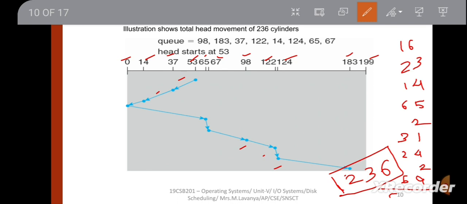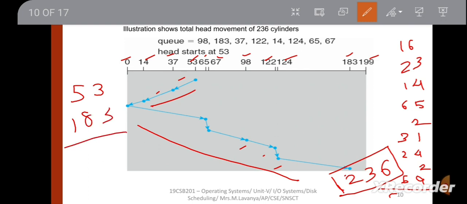It can be calculated this way, or else you can directly take it from the whole sequence distance. If we consider it that way, from 53 to 0 it is 53 cylinders. Then from 0 to 183 it is 183 cylinders. So the total is 236. You can calculate it either way.